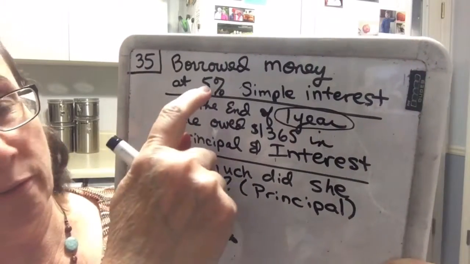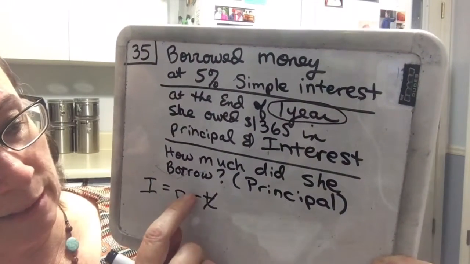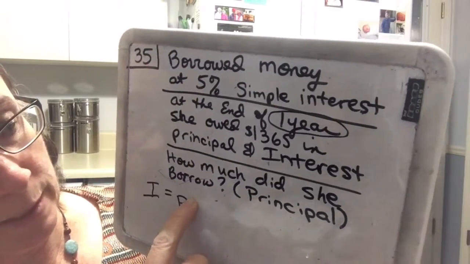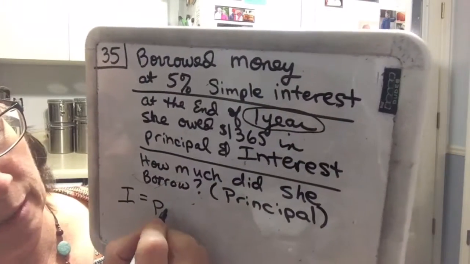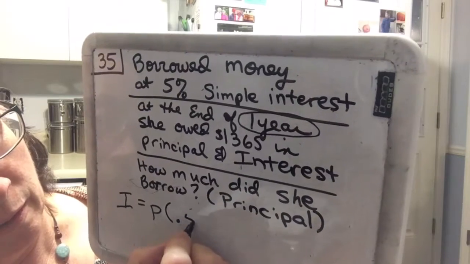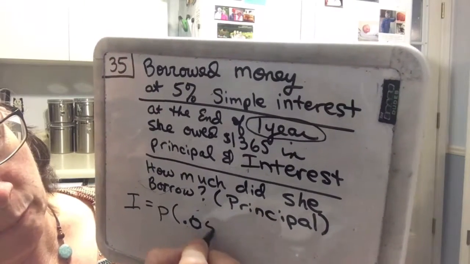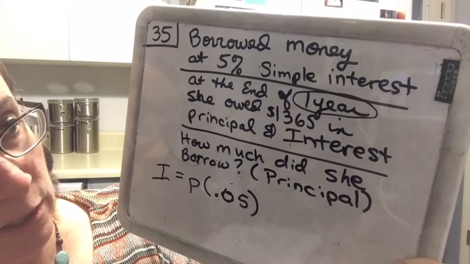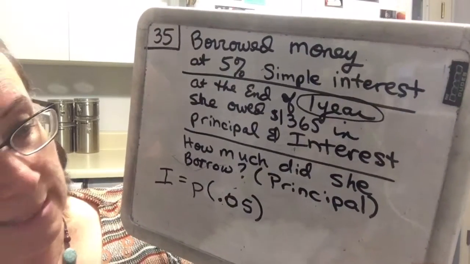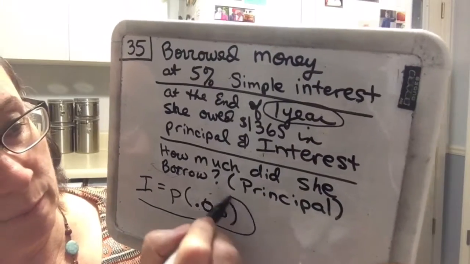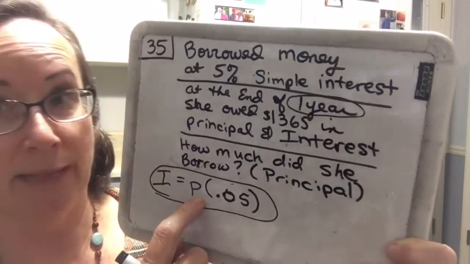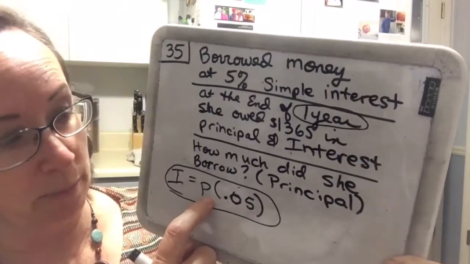Now we already are given the rate, and so we're going to say the rate, get rid of that T, the rate is 0.05 because that's how we write 5%. So now we know that this is our interest on the amount of money that she borrowed. And what is the principal? That is the amount of money that she borrowed.